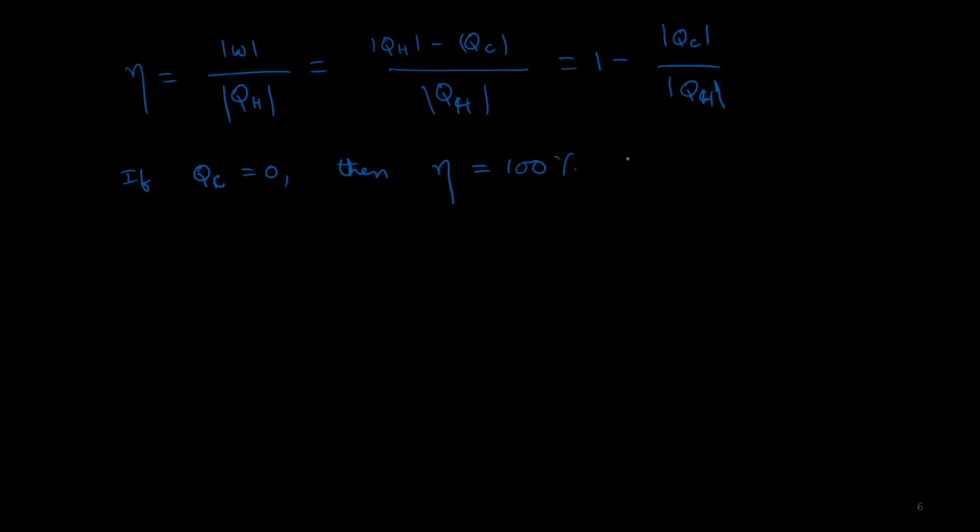But we said it's not possible to have any process or any engine where QC can be 0. That's a violation of the first statement of the second law. So there can be no process where the thermal efficiency can be 100%, where we can convert all the heat into work.